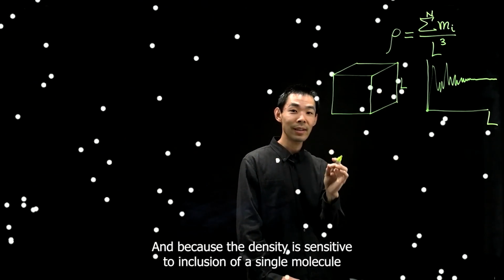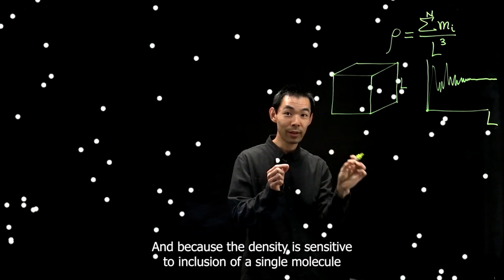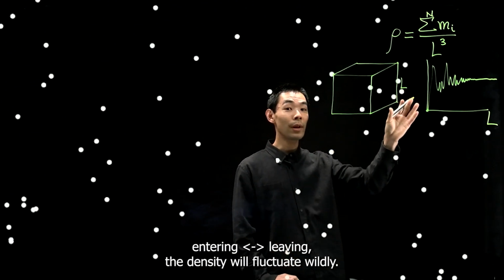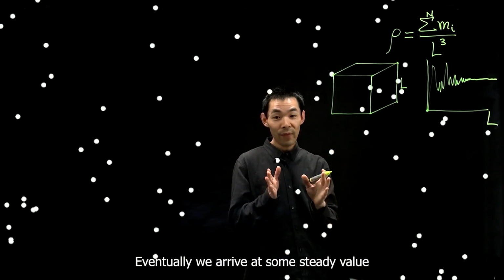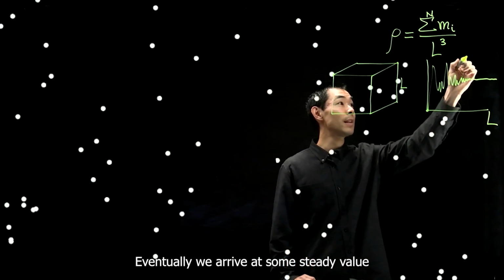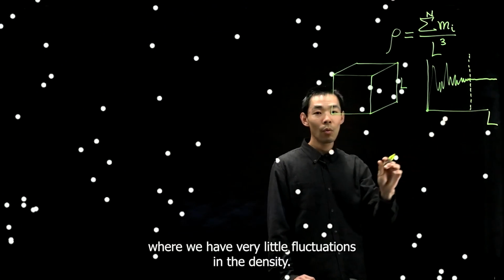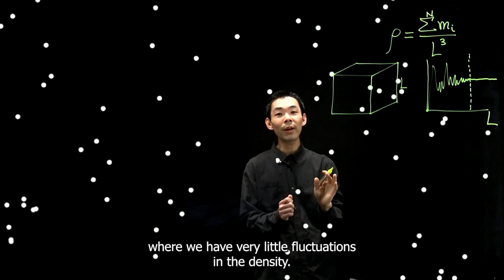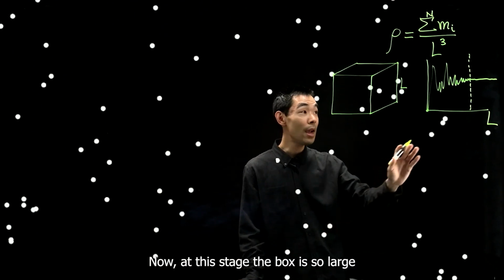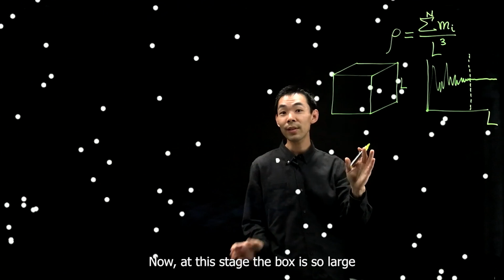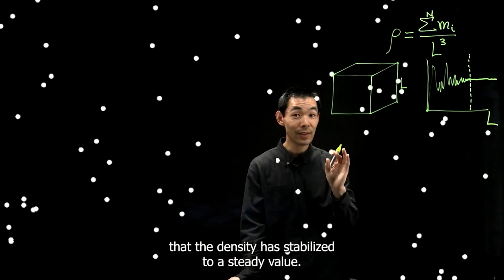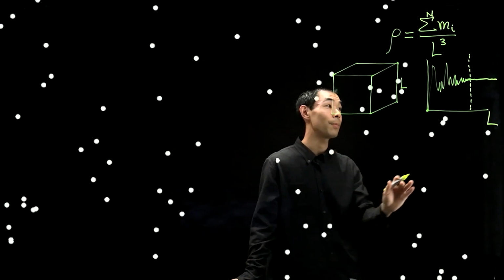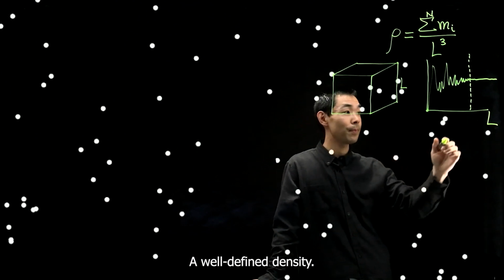And because the density is sensitive to inclusion of a single molecule entering and leaving, the density will fluctuate wildly. Eventually, we arrive at some steady value where we have very little fluctuations in the density. Now, at this stage, the box is so large that the density has stabilized to a steady value, a well-defined density.